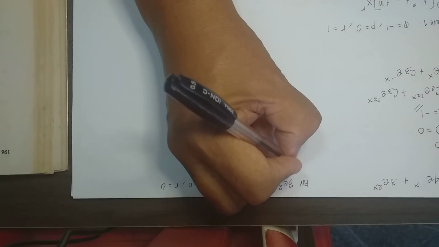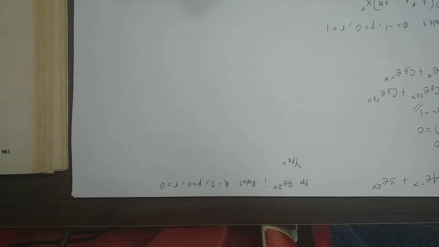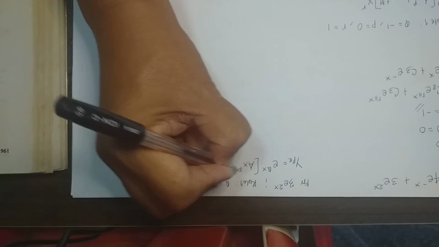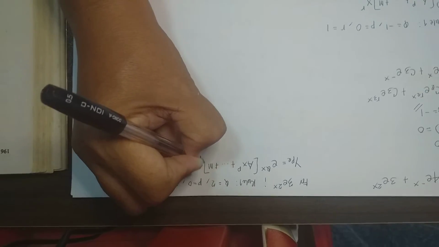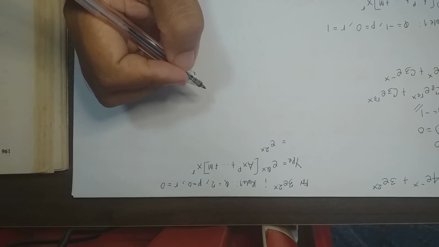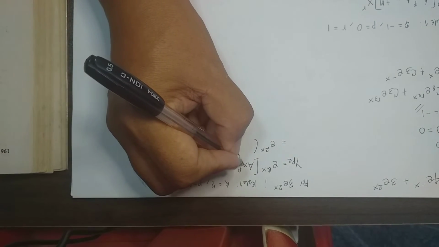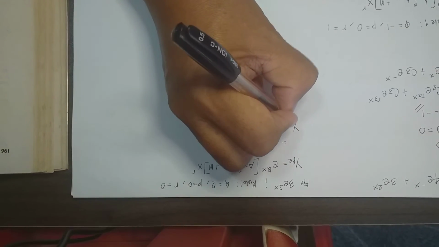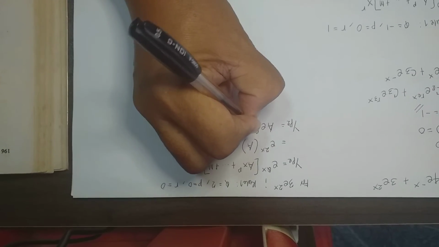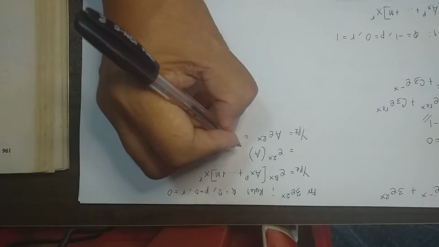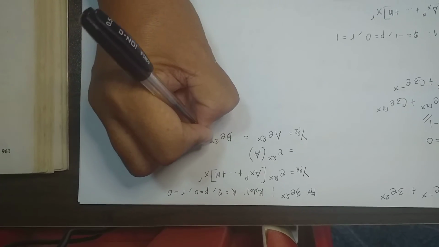So what is yp2? yp2 is again e to the qx ax raised to p up to m, x raised to r. Or this is e to the 2x times x raised to 0 is 1, a na lang. So therefore, your yp2 is equal to a e to the 2x. Okay? But we have used a in yp1, therefore we have to replace a with b here. So we have b e to the 2x.